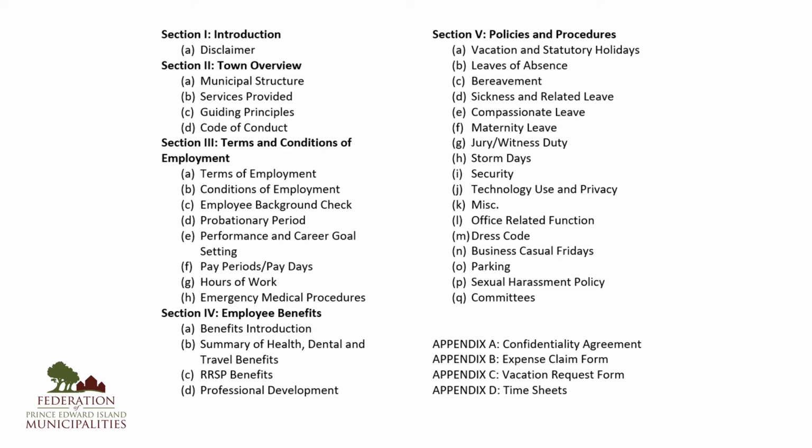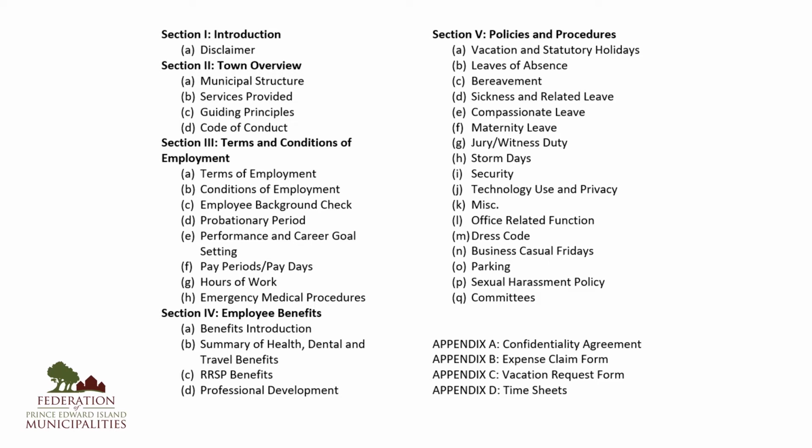You'll also want to think about and understand your benefit structure for health, dental, and travel or RSP benefits being provided to your employees, and also understanding the employment standards around vacation time and statutory holidays, leaves of absence, sick time, compassionate and maternity leave are important functions for the CAO, and also important topics to have good HR policies around.